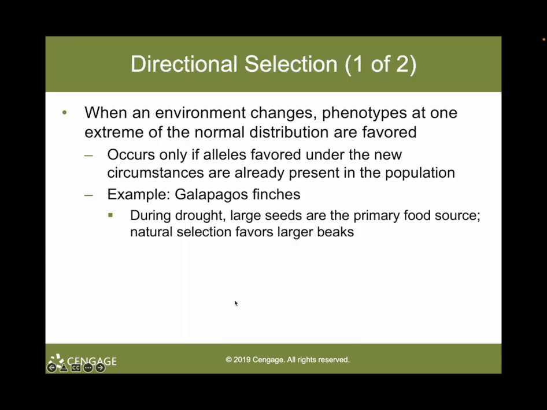Directional selection: if an environment changes over time, directional selection may favor phenotypes at one of the extremes of the normal distribution. Over successive generations, one phenotype gradually replaces another. For example, if greater size is advantageous in a new environment, large individuals will become increasingly common in the population.